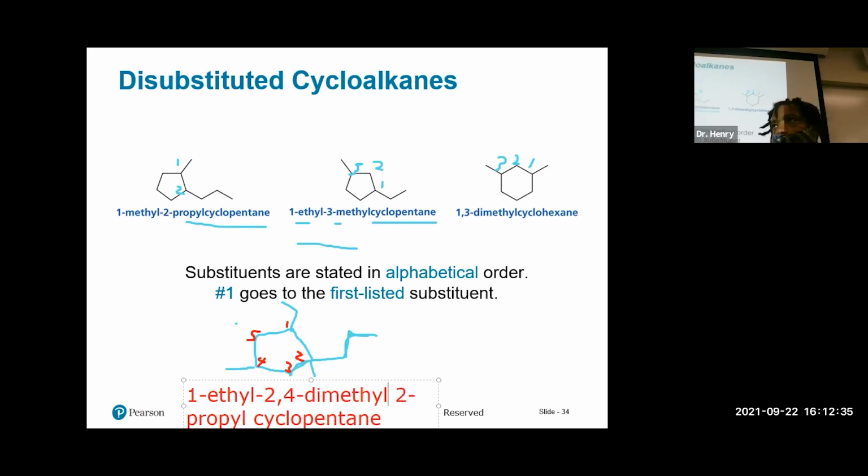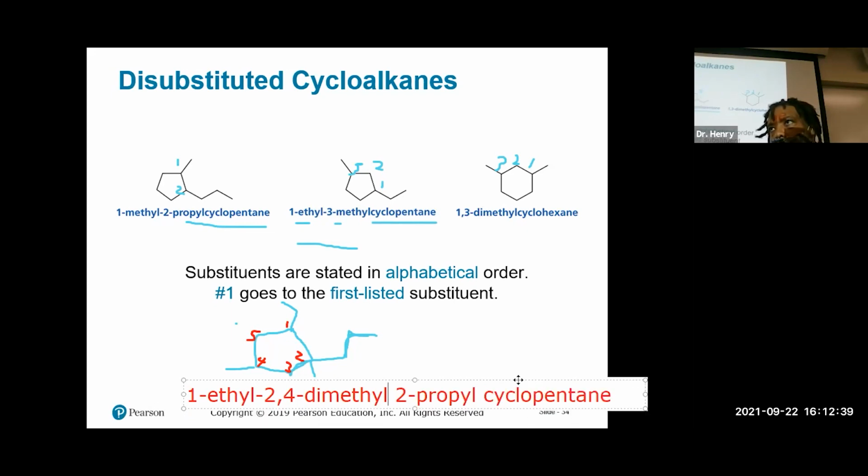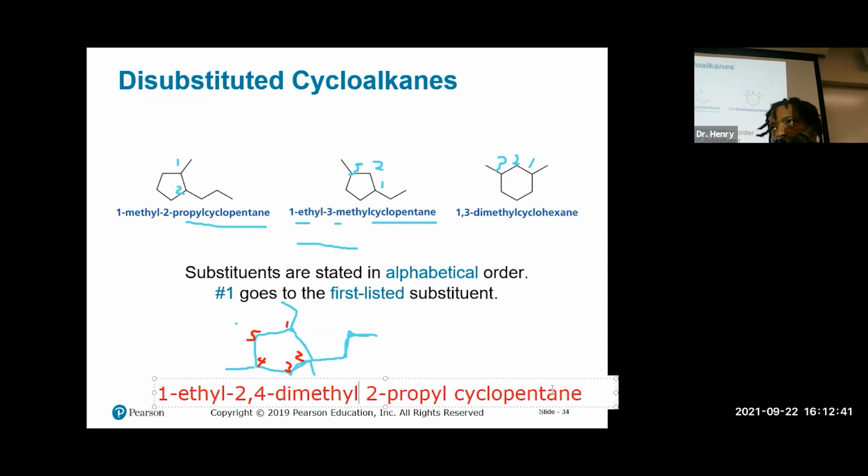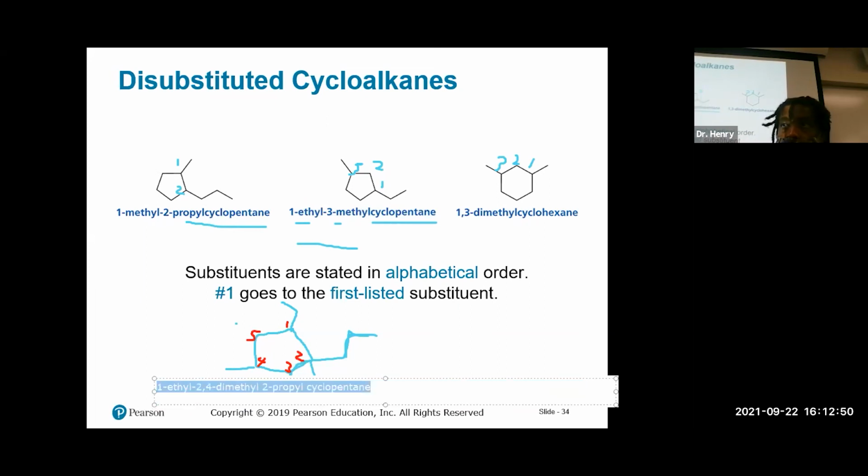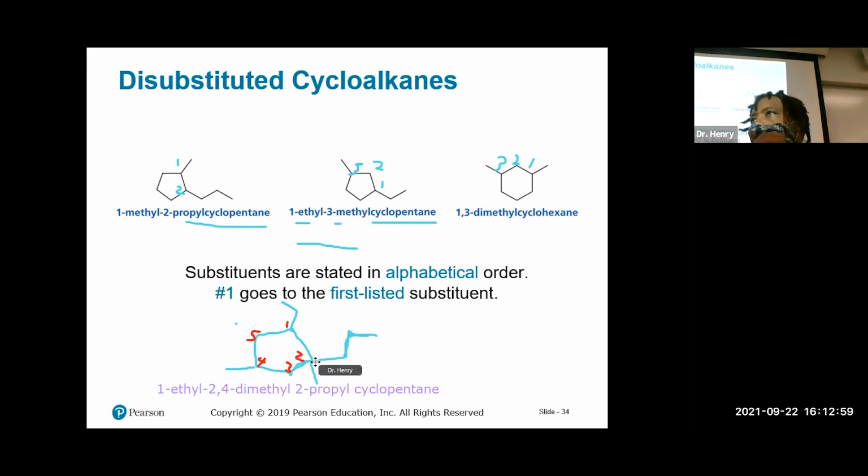Okay, so let me see if I can explain this. Here, because this is on the main chain, we have a methyl on the second carbon, and we have a methyl on the fourth.